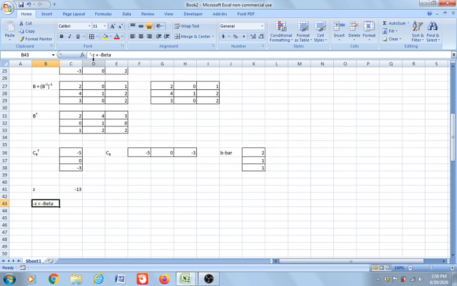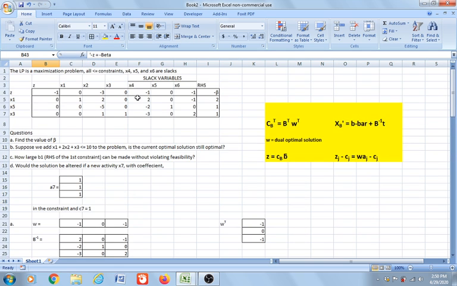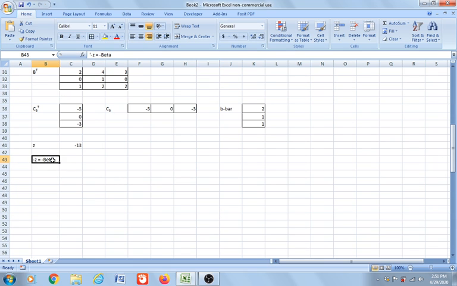So what is that beta? This is the beta. Okay. So since minus z equals minus beta, so we know that minus beta equals minus 13.